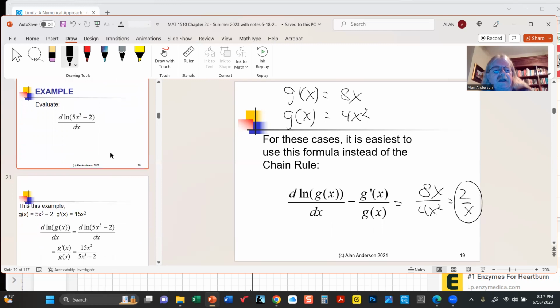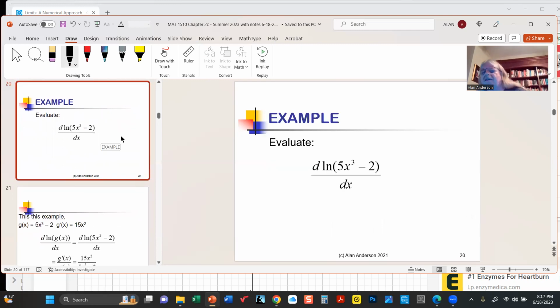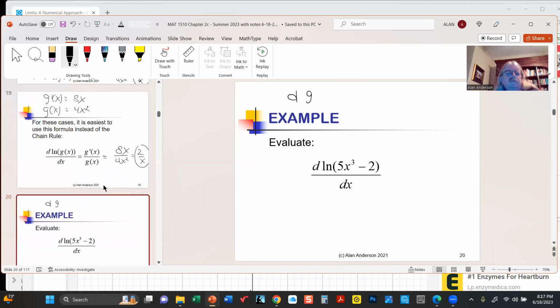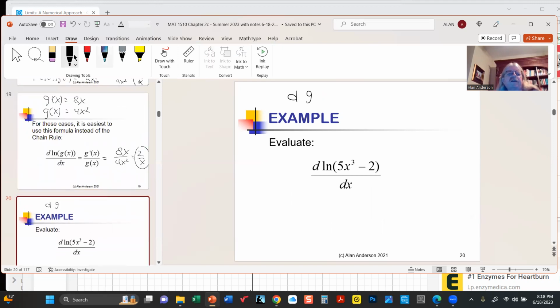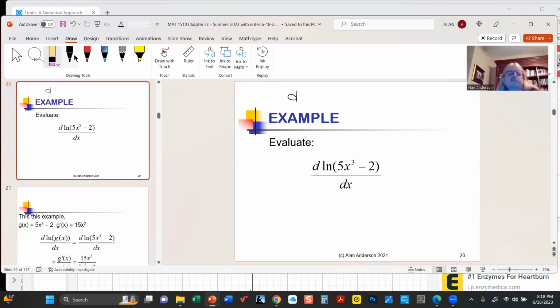All right, now this time, we're going to do exactly that. Let's just say we get it, the chain rule is responsible for this. So we have d over dx of log of g of x, which is g prime over g.